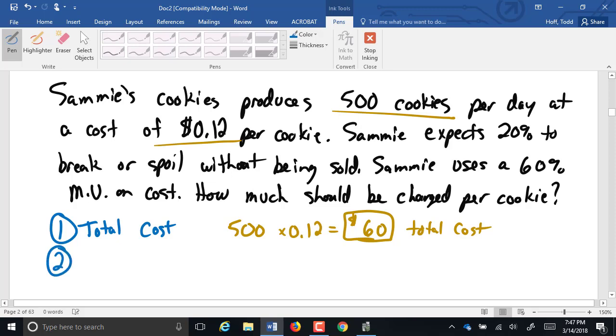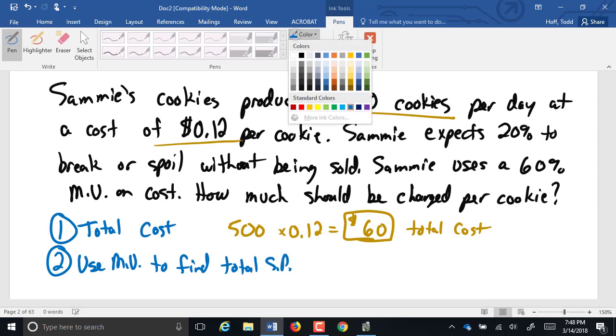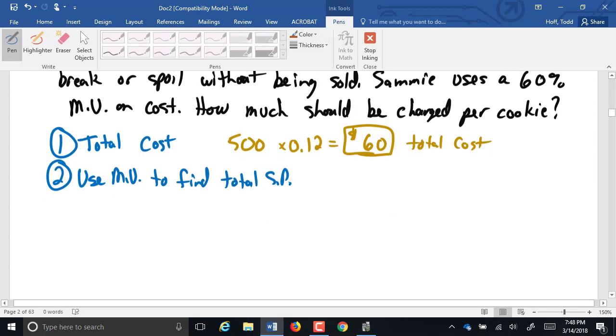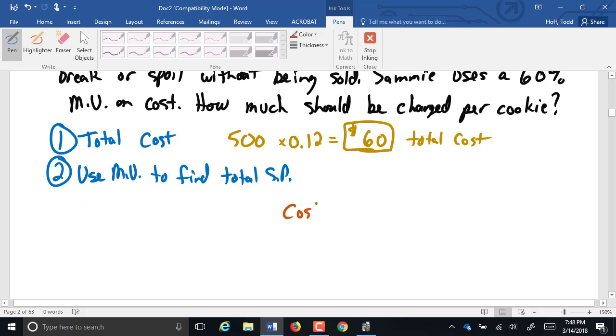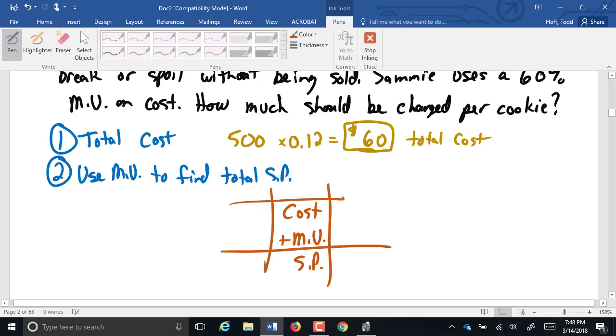What's step 2? Use the markup to find the total selling price. That's our table. Cost plus markup equals selling price.